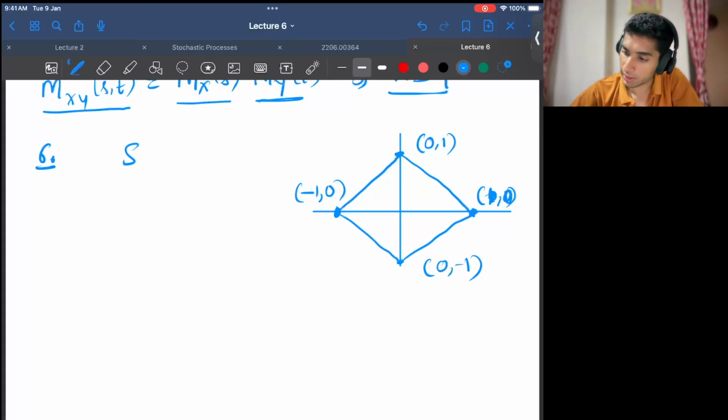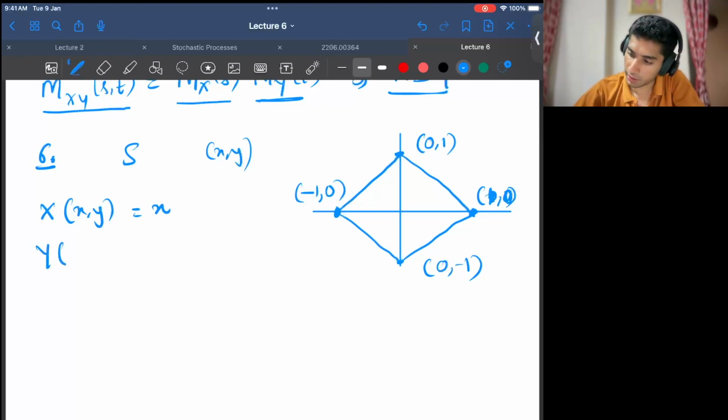Let's say your dart falls at a point x comma y. There are two random variables coming from it: X of x comma y, which is equal to x, and Y of x comma y, which is equal to y.